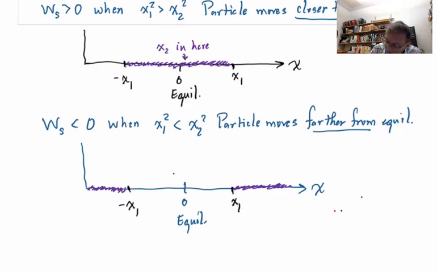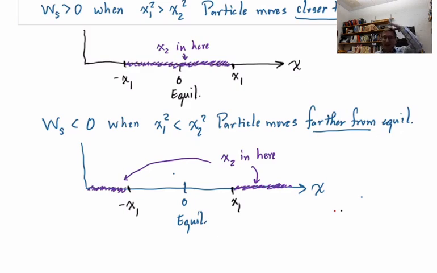So now what I'm saying is that if you're going to have negative work done by the spring force, the particle is going to be somewhere in the purple shaded region there. Point being that it has ended up farther from equilibrium than it started.